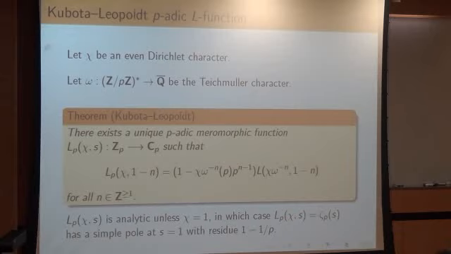This residue can be explained because that's what this Euler factor is. If you plug in n equals 0, that's exactly what this Euler factor is when chi is the trivial character. So that's what you would expect, because the classical zeta function has polar residue 1, so what you're picking up is that Euler factor.